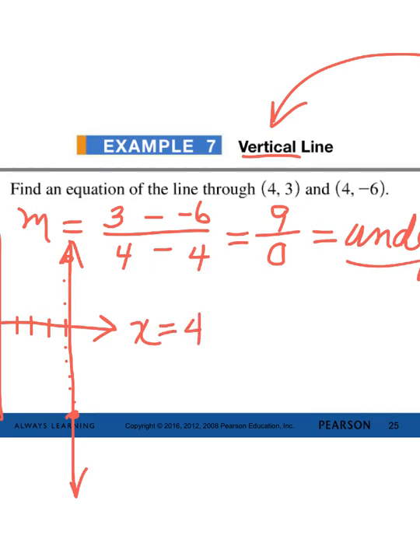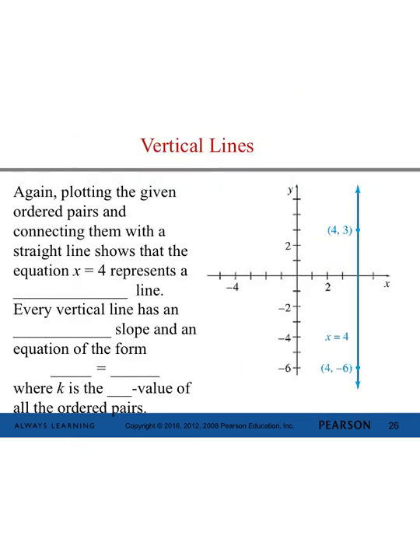So therefore, our equation of our line is x equals 4. Anytime you have undefined slope, your equation is going to look like that.